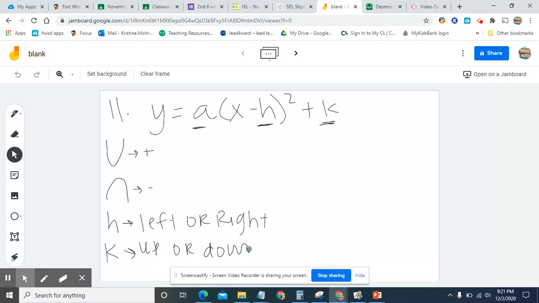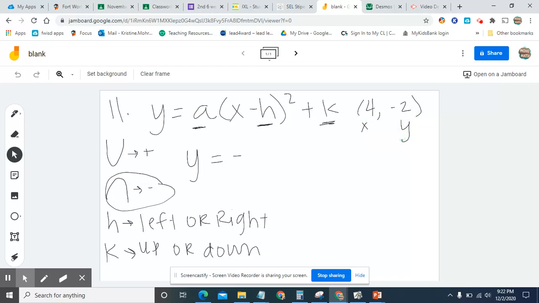Okay. So the problem said write an equation of a downward opening parabola. So we need it to look like this one. We're going to write our equation y equals, and for a, we're going to put negative because it has to open downwards. And then it wants you to have a vertex at 4, -2. So this is x and this is y.